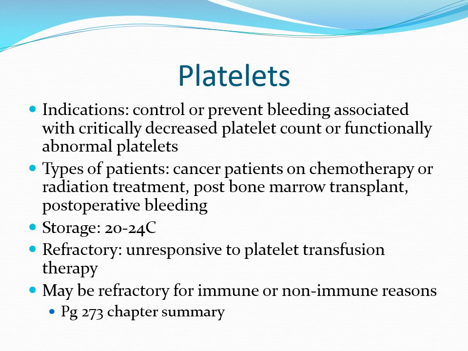So moving on to platelets. We're going to give platelets to control or prevent bleeding associated with critically decreased platelet counts or functionally abnormal platelets. Most of these patients are going to be cancer patients that are on chemotherapy or radiation treatment, post-bone marrow transplant patients, or post-operative bleeding. Platelets are going to be stored at 20 to 24 degrees Celsius, which is room temperature.